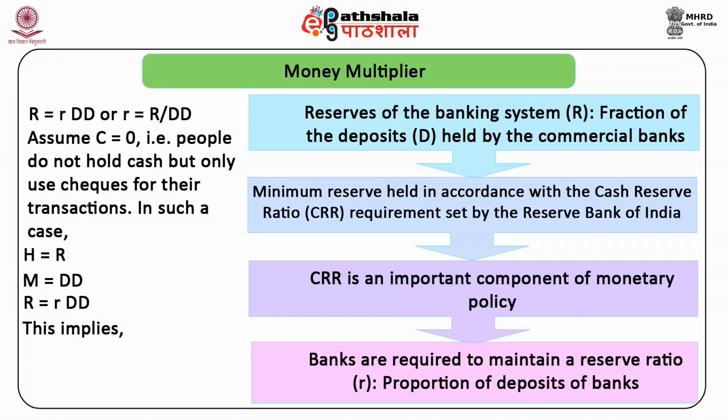This implies M is equal to 1 upon small r into H. That is, the money supply M is a multiple of high-powered money H, and 1 divided by small r is known as the money multiplier. Clearly, the multiplier is greater than 1 since small r is less than 1.